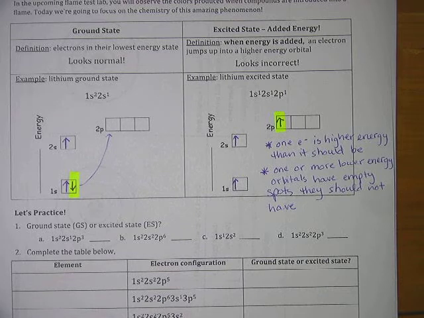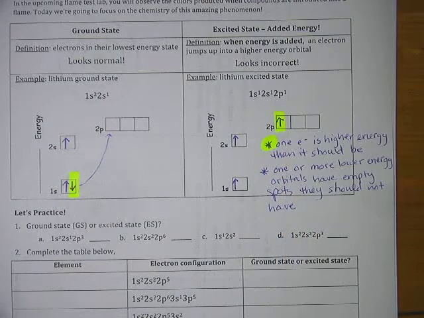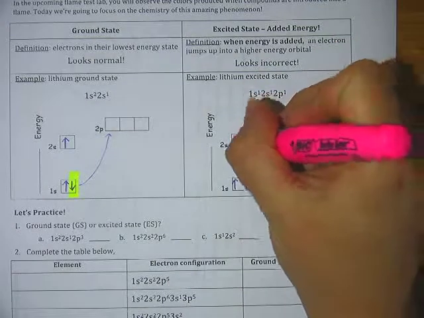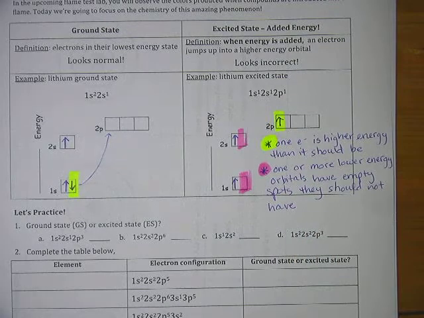So we can also mark this. 1 electron is higher energy than it should be. That's that one I highlighted yellow. And then there's also these empty spaces here and here that should not be empty.